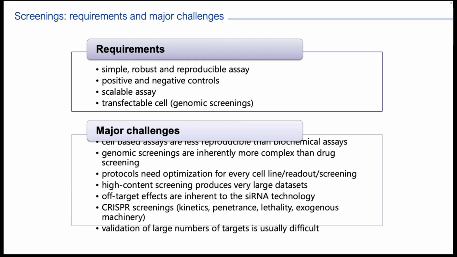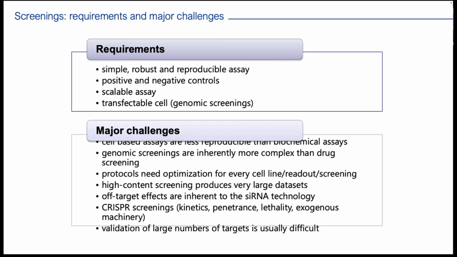So to wrap up this part, just a few more points. What are the requirements and challenges of doing these large-scale experiments? As a requirement, we need a very robust and reproducible assay because we're testing multiple treatments. These have to be very consistent so that we can analyze differences, and it should be as simple as possible. We should not overcomplicate our screening.